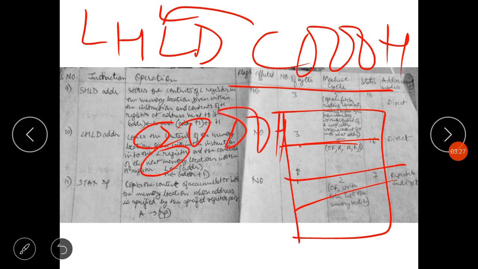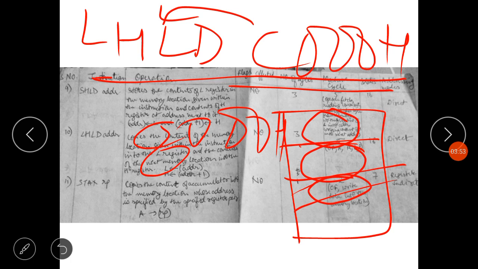When you give this instruction LHLD C000H, or LHLD address, whatever address you mention, it will get stored in the memory associated with the microprocessor. And how will it get stored? First the opcode of the instruction will get stored, the next memory location will store the lower byte of the address, and the next memory location will store the higher byte of the address.